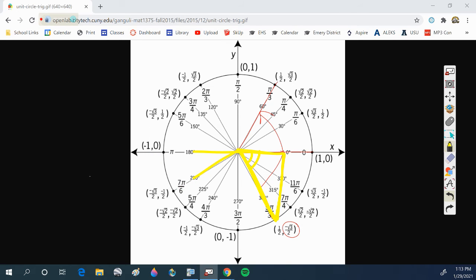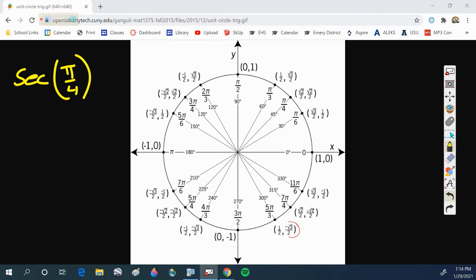Last type of problem. What about the secant of pi over 4? Okay. Well, pi over 4 is right here. Secant matches up with the cosine.